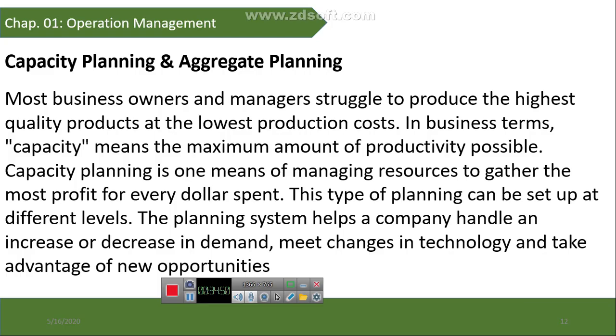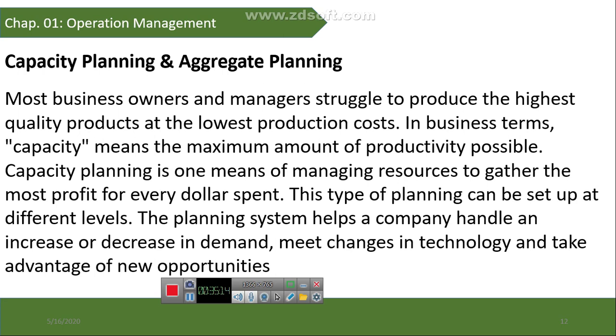Now we will discuss capacity planning and aggregate planning. Most business owners and managers struggle to produce the highest quality product at the lowest production cost. In business terms, capacity means the maximum amount of productivity possible.